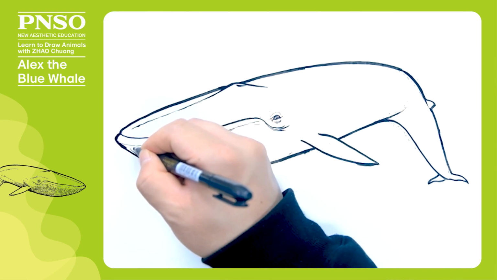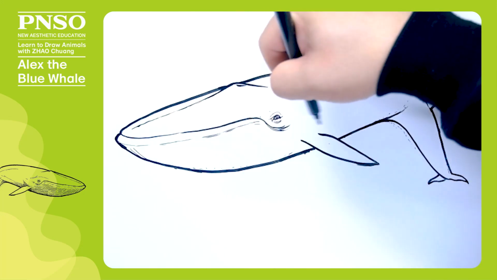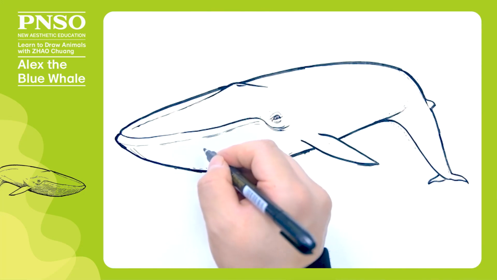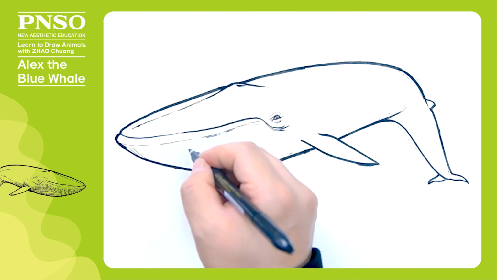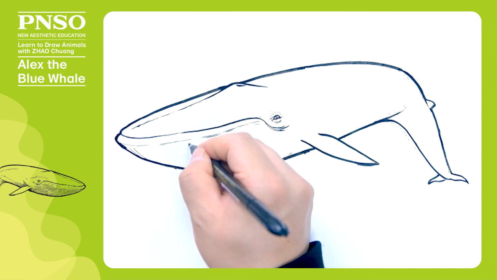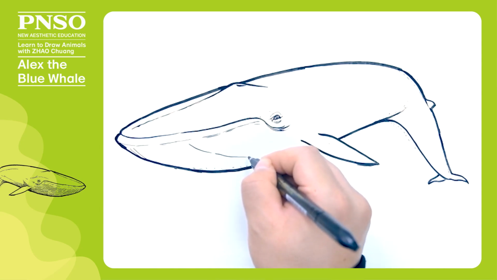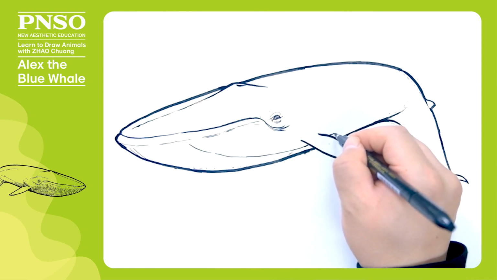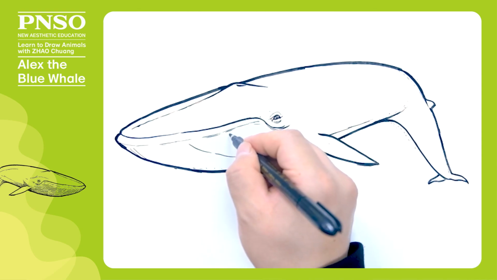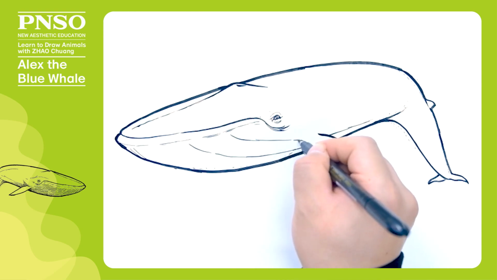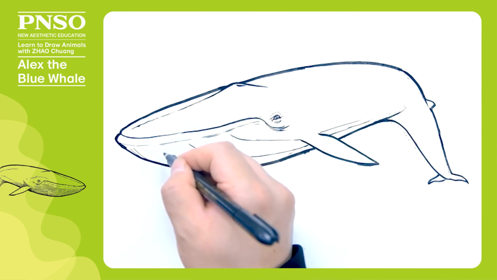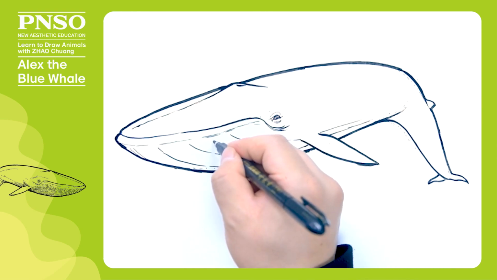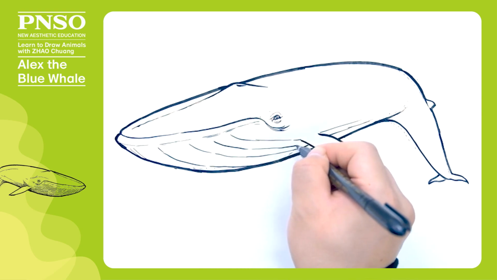Below this ridge, many parallel longitudinal lines extend to the front of the belly. Since these are all parallel lines, it is challenging to draw them evenly. We can start by drawing a few widely spaced lines, then insert more lines between them.